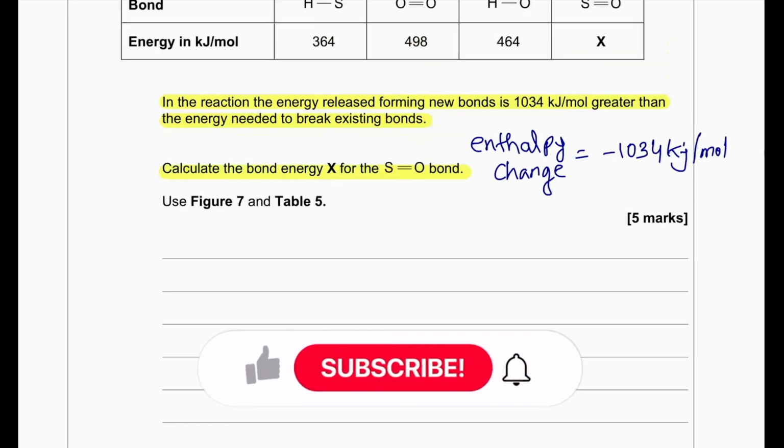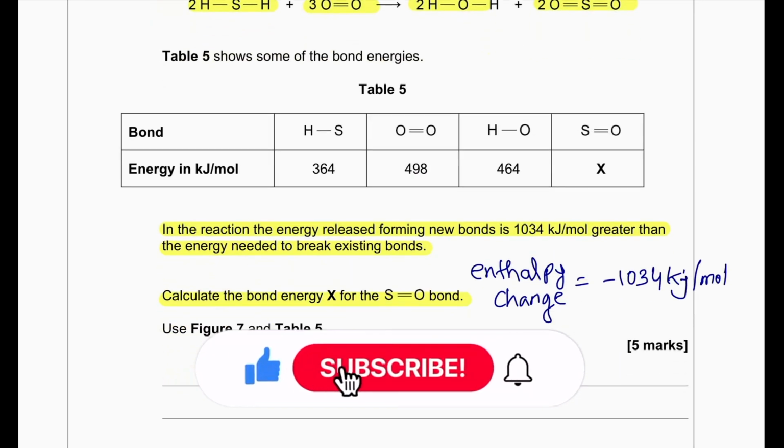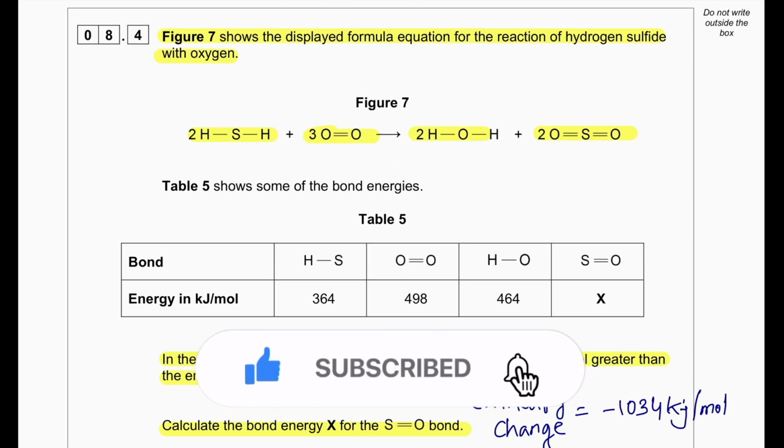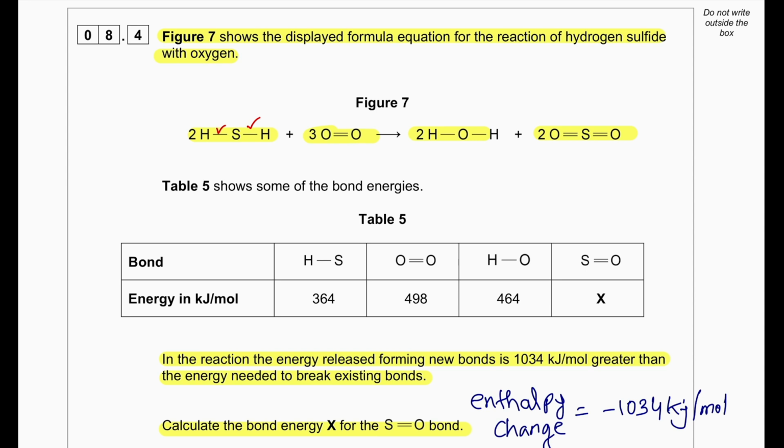So in order to do this calculation, we need to know how many bonds we are breaking. Since there are 2 S-H bonds, this will be 2 times 2, 4 S-H bonds here. On the other side, there are 2 O-H bonds in each water, so it will be 4 O-H in total.